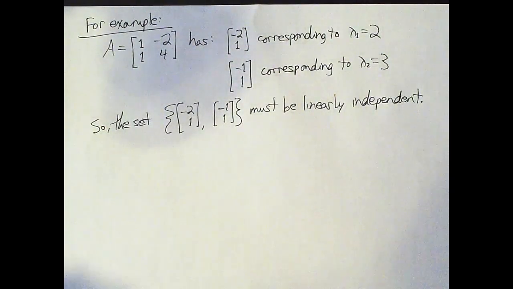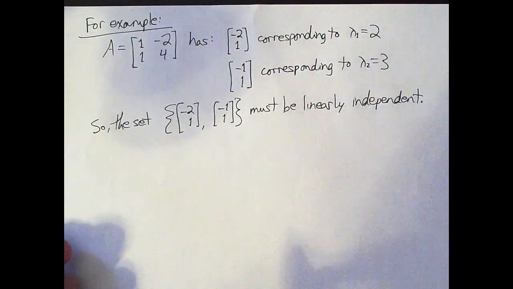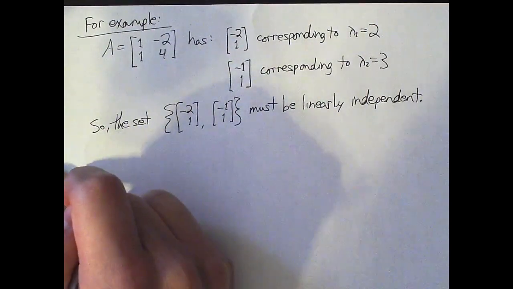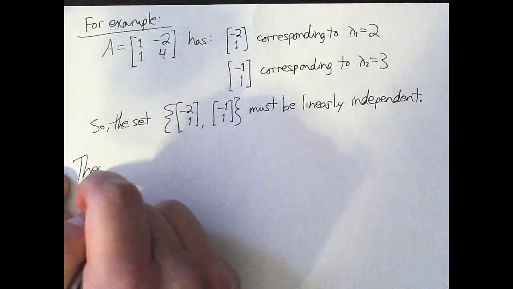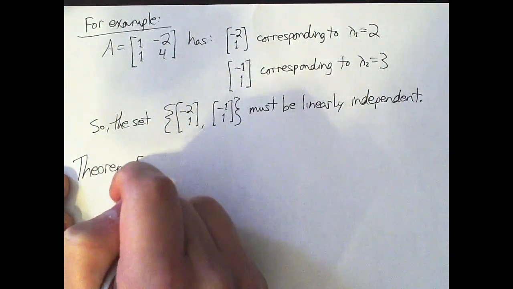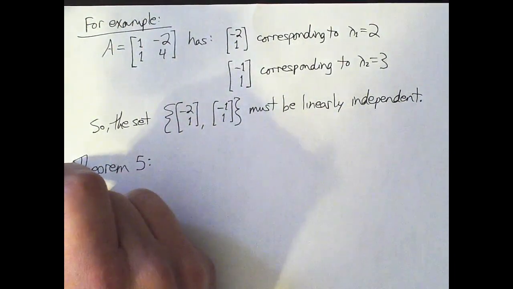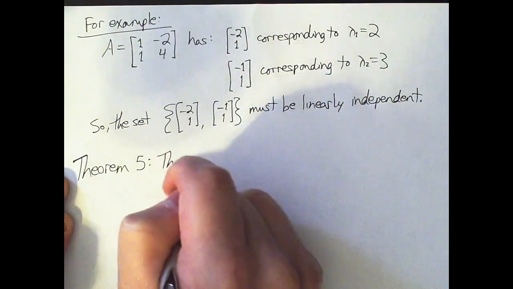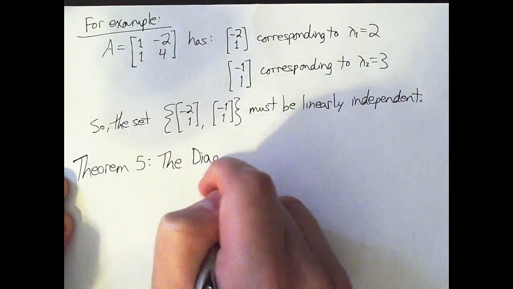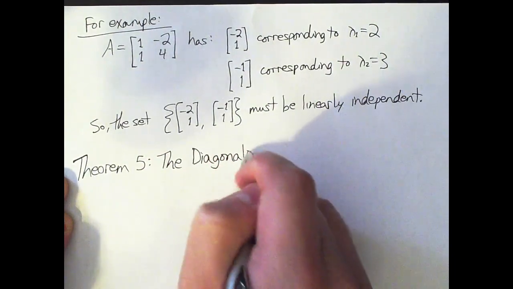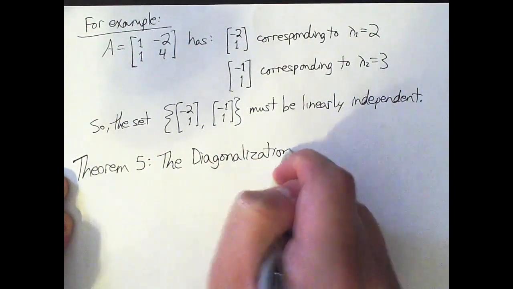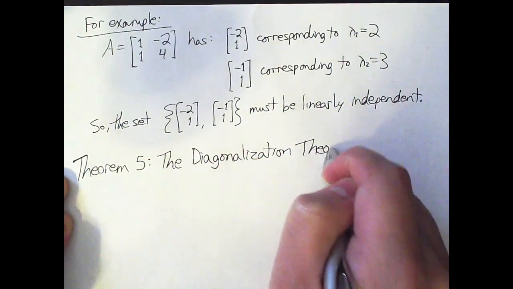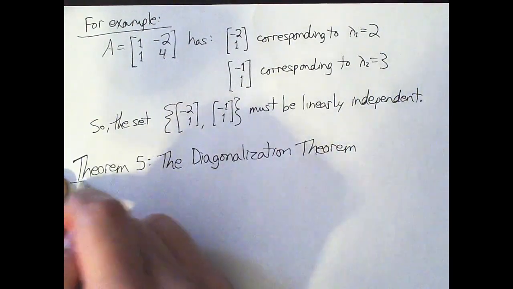So we're going to use this, but now we're ready for a new theorem, a big theorem. I think the previous lesson didn't have any theorems in it, so this is making up for that. This is theorem 5, and it has a name. Most of the theorems in this class don't have names, so when there is a name, you know it's an important one. This is called the diagonalization theorem. With a name like that, it must be important.